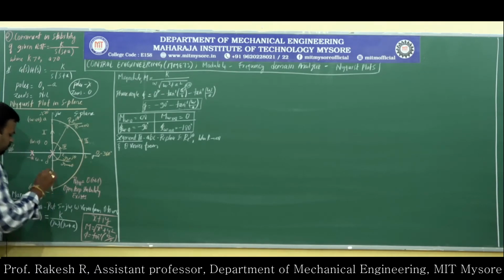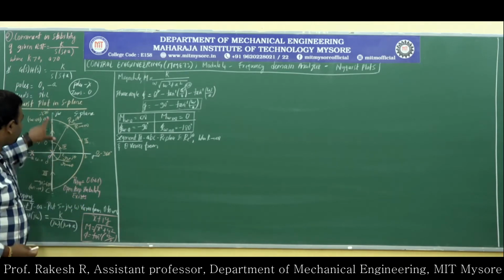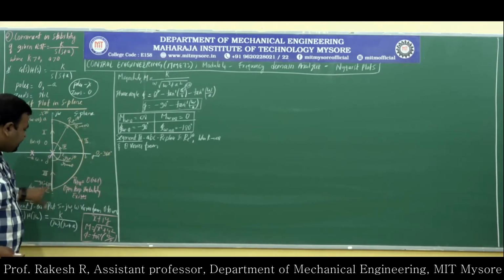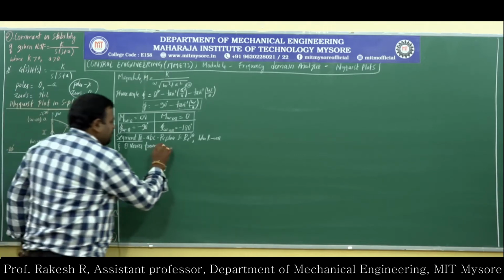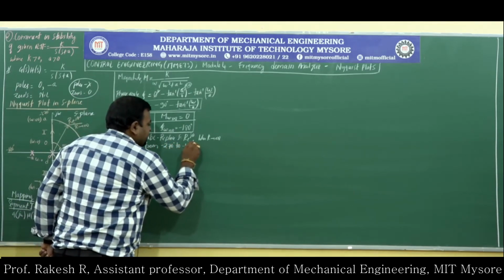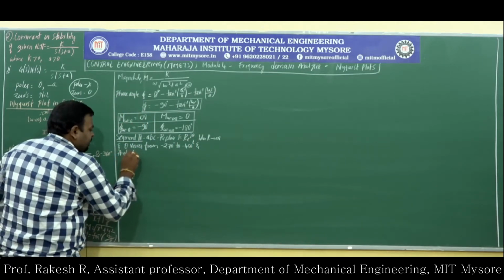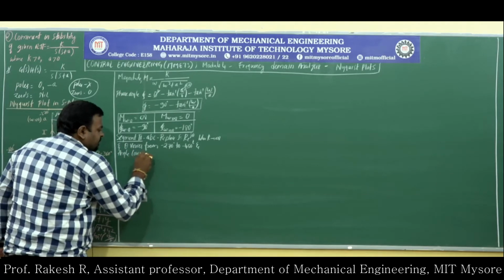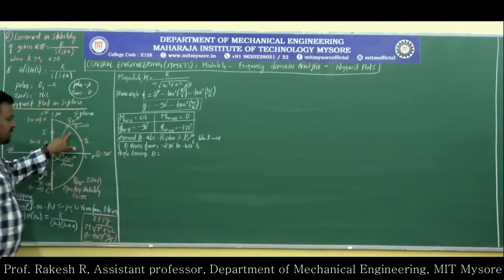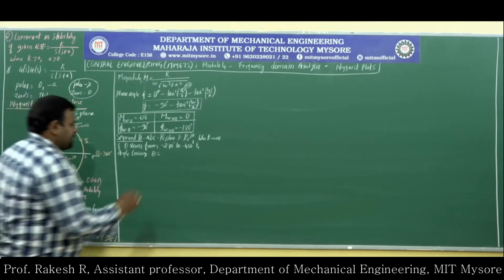So theta varies from minus 270 degree to minus 450 degree. And what is the angle coverage? It is covering two quadrants, so it is covering 180 degree in clockwise direction.